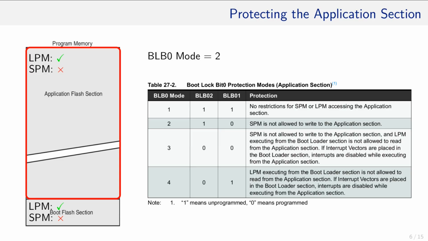That means that, for instance, a bootloader located in the boot flash section cannot update the application section any longer. But also the user program just lost write access to the same section. In the more restrictive mode 3, no instruction in the bootloader section has access to the application section any longer. Any existing bootloader is not able to write nor to read the application section.